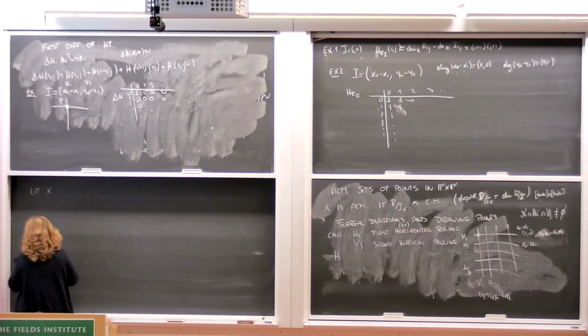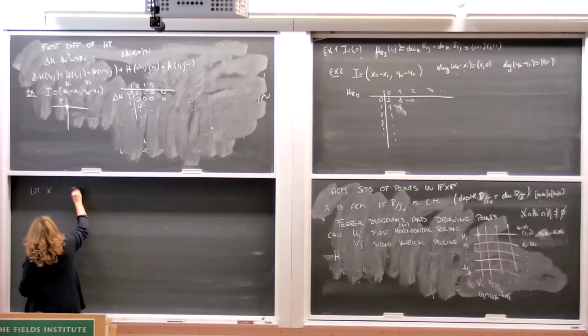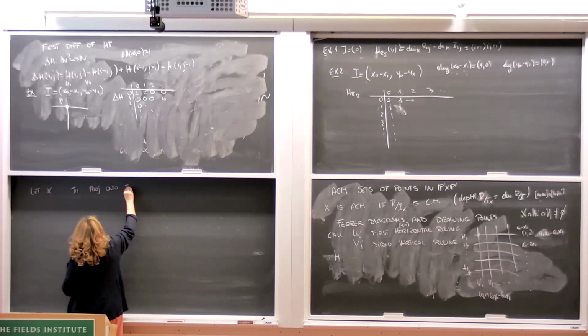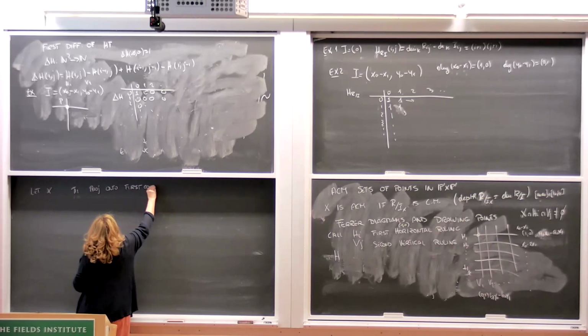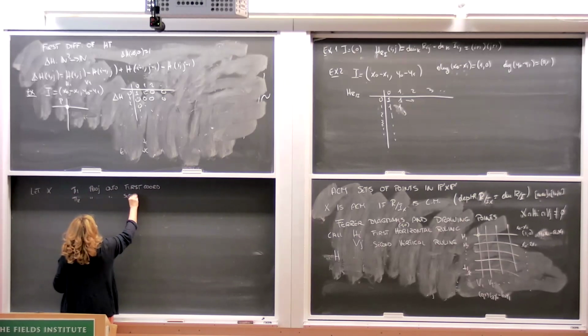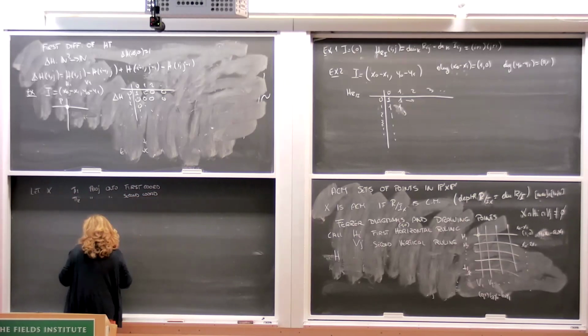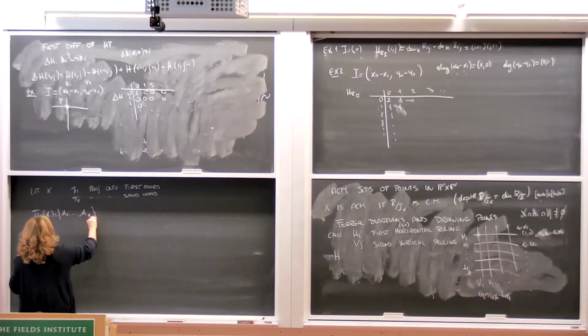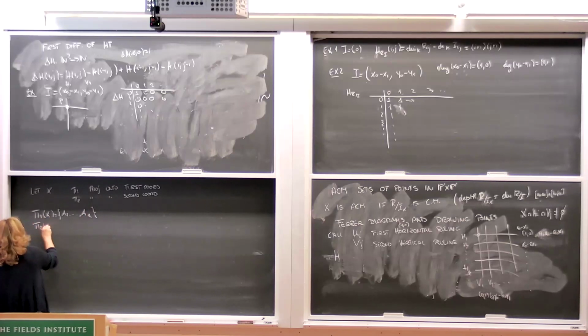So, let X be a set of points in P1 cross P1. Let us call pi1 the projection onto the first coordinate, and pi2 the projection onto the second coordinate. Let's call the projection of X onto the second coordinate b1 to bd.